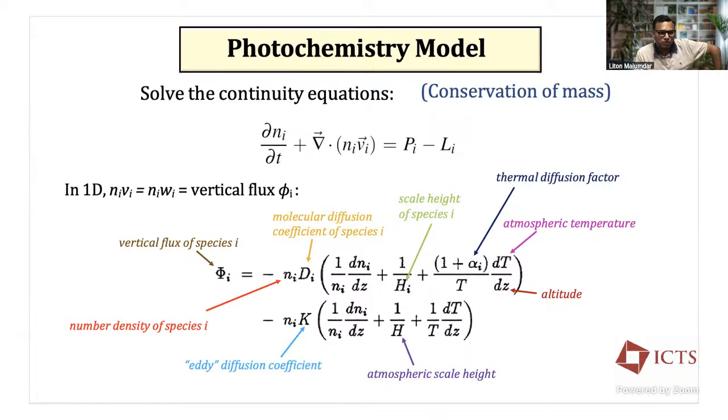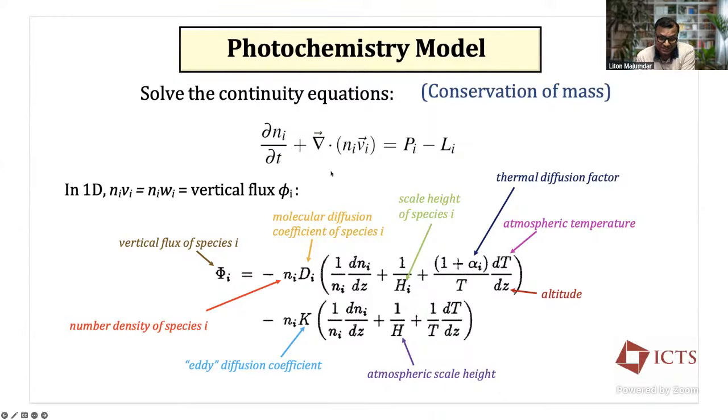First, photochemistry models generally have chemical networks, and you need to solve a number of chemical reactions and essentially a number of differential equations simultaneously, which becomes extremely difficult computationally as soon as you want to solve chemical kinetics in 2D or 3 dimensions. So that's why most photochemistry models are solved in 1 dimension.